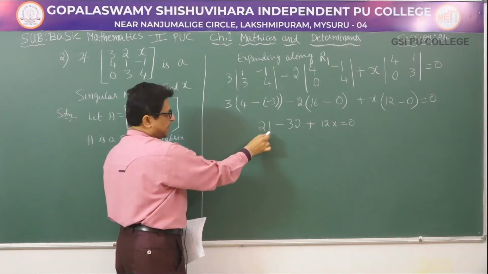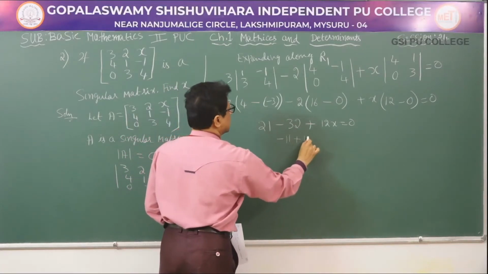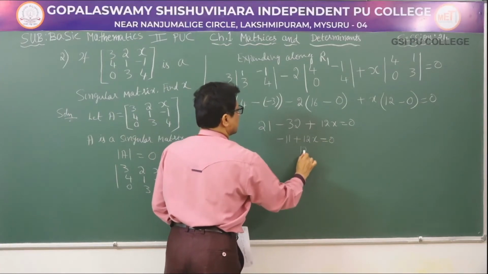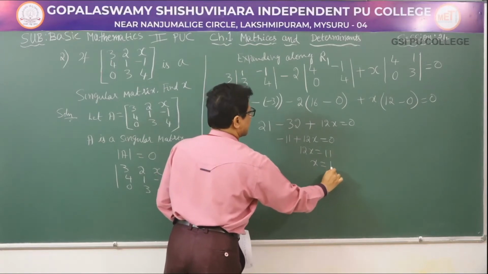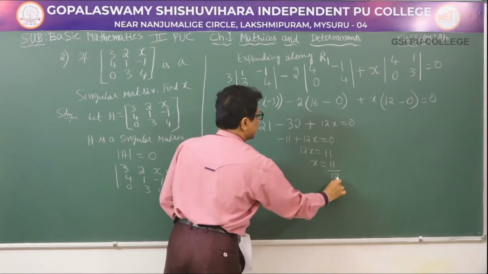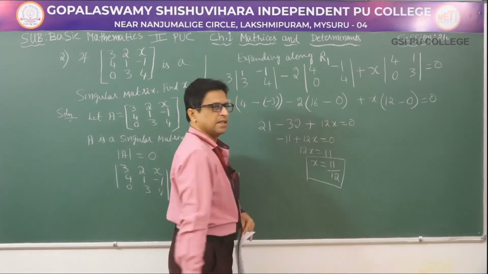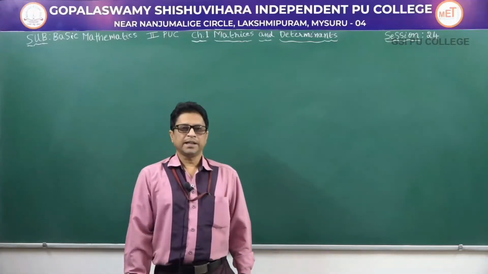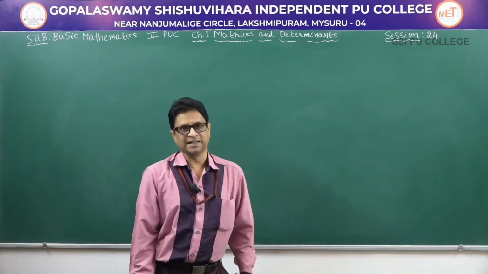So 21 minus 32 is minus 11, plus 12x will be equal to 0. So 12x will be equal to 11, x will be equal to 11 by 12. That completes this problem.